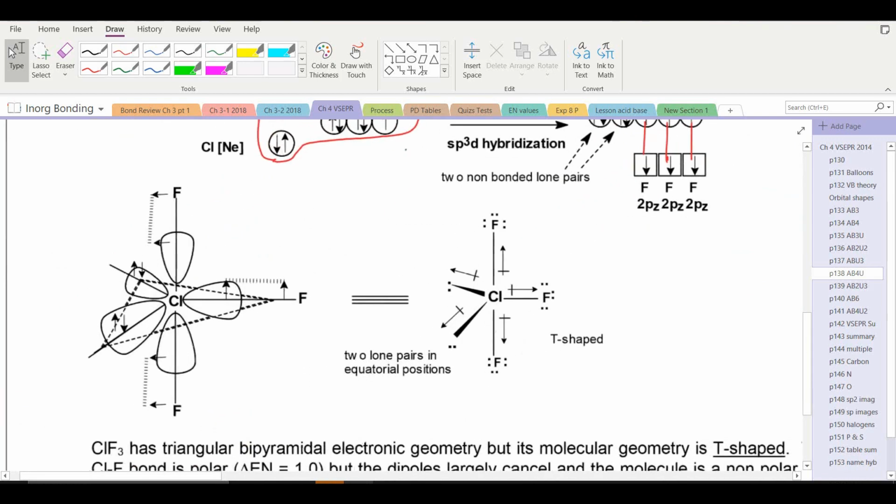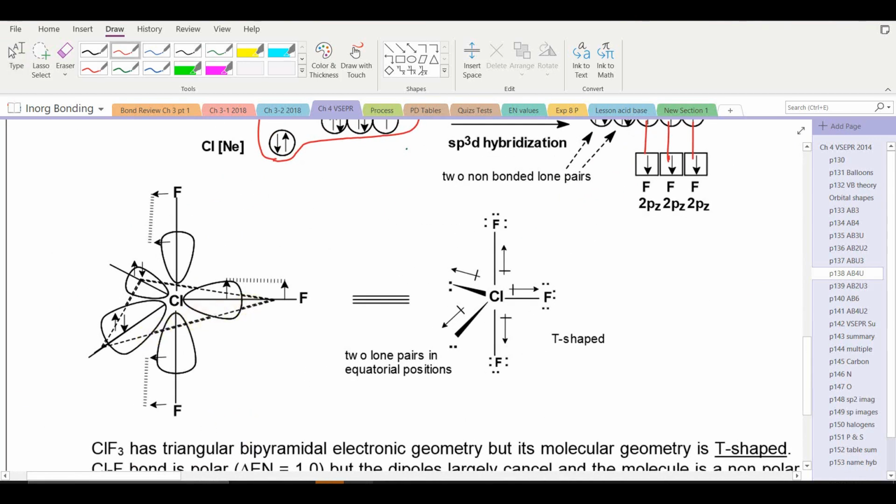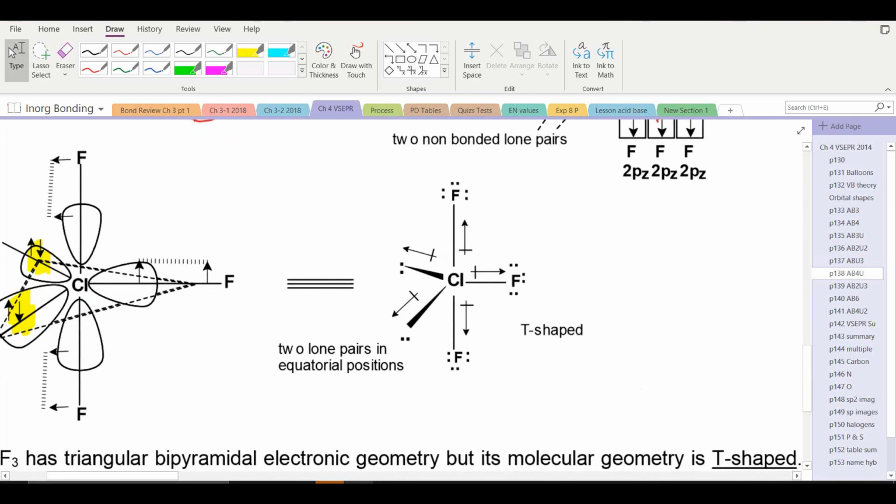Here's the triangular bipyramidal structure in which the non-bonded pairs are in the equatorial positions. There will be some dipoles here. Chlorine has electronegativity of 3, fluorine is 4. The difference is pretty significant, 1.0 difference. But looks like it's going to more or less cancel. We expect this molecule to have low polarity.